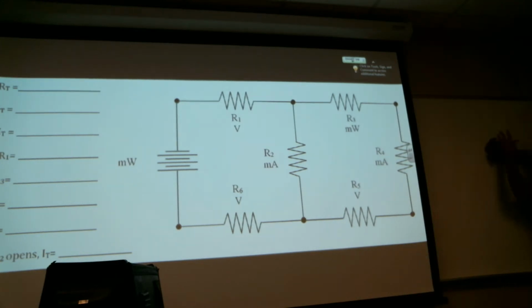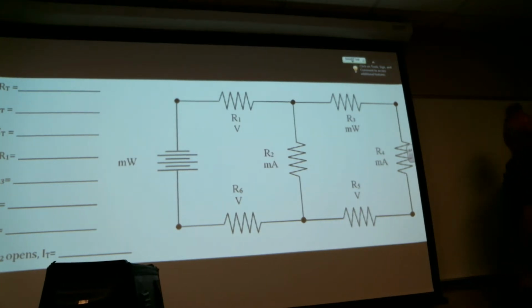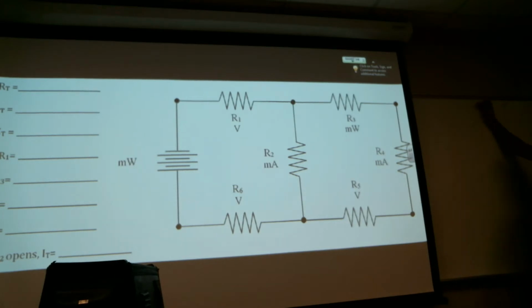No, because remember how we had the current, the initial current for the first one was the same as R2. No, it was not. Come again. Okay, so you have your voltage. Then you come into R1 right here by itself. Then it splits.